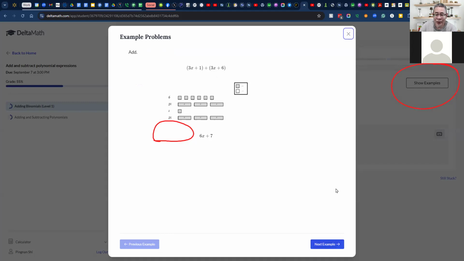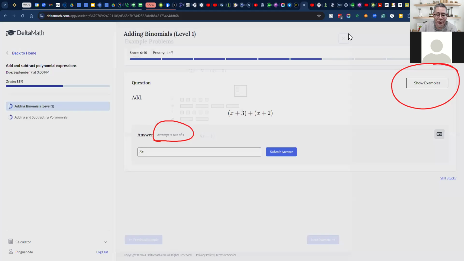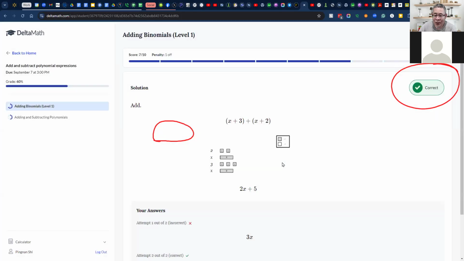So if you're not quite sure, you can go to the next example. And if you're good, just cancel it, then go back and try it again. This time I'll say it's 2x plus 5. And we'll say, oh, good. Once you've done that, you can see here is 60%. Once you've done that, you get 100%. Good.